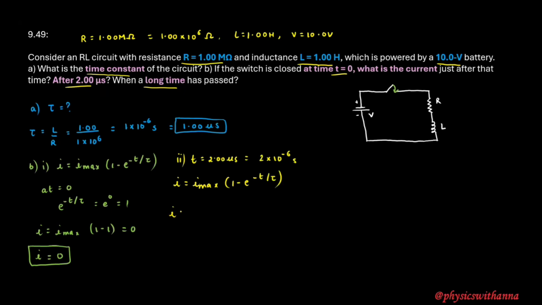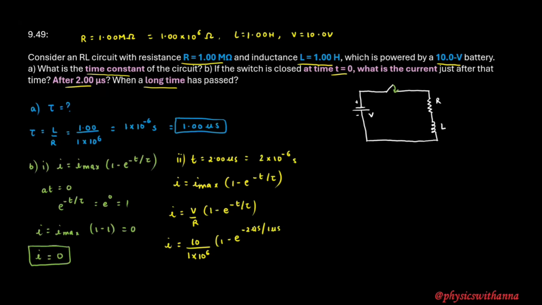You can write I max as V over R. Now let's substitute. V is 10 volt, R is 1 mega ohm, so 1 times 10 to the power 6, times 1 minus e to the power negative 2 microseconds over tau, which is 1 microsecond.